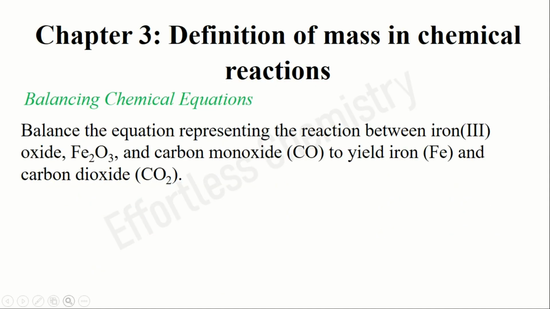Well, the last one, maybe it is a bit challenging. Let's go inside this example. Balance the equation representing the reaction between iron trioxide, Fe2O3, and carbon monoxide to yield iron and carbon dioxide.